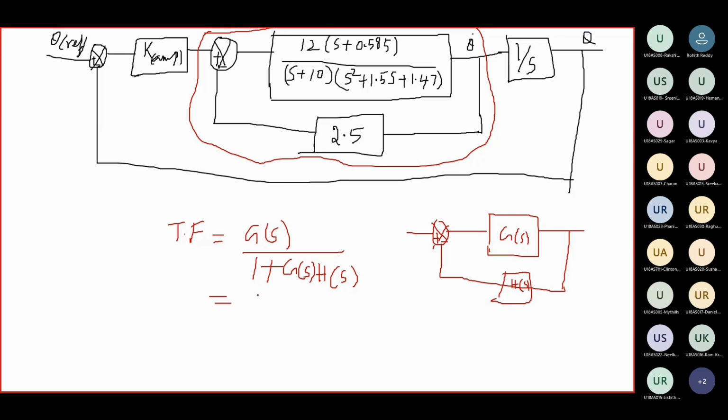Therefore we apply this equation. 12 times S plus 0.585 divided by S plus 10 into S square plus 1.5S plus 1.47.